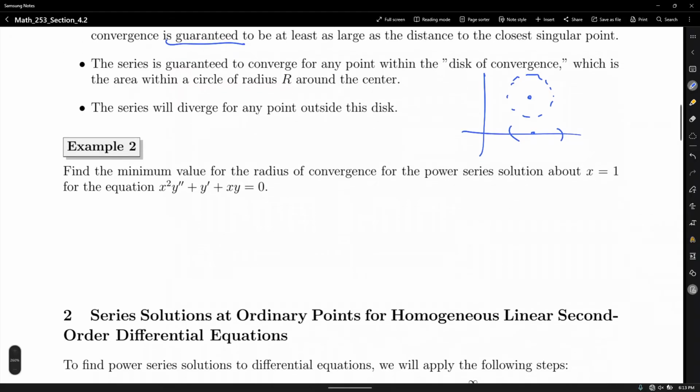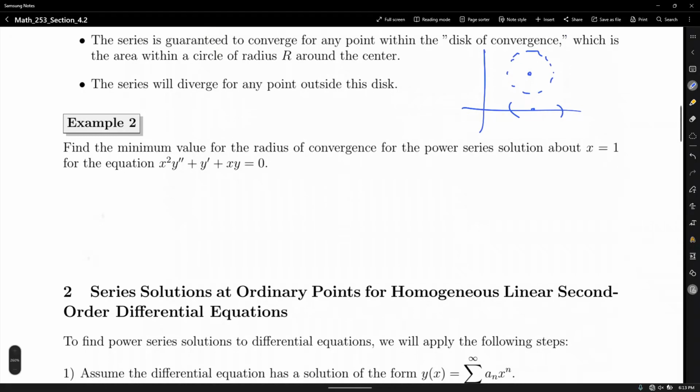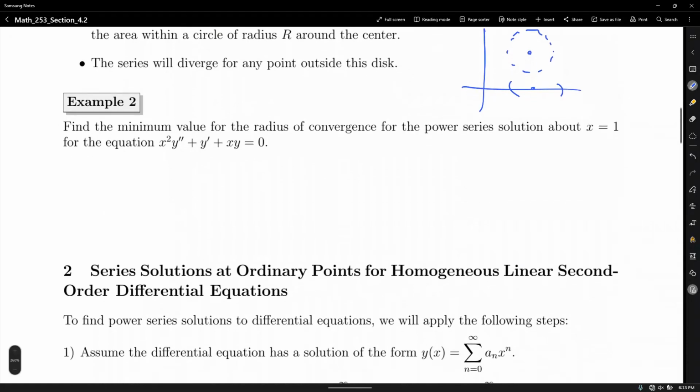Okay, as an example, find the minimum value for the radius of convergence of the power series solution about x equals 1 for the equation x squared y double prime plus y prime plus xy equals 0. Start by dividing by the coefficient of the highest derivative, in this case y double prime.